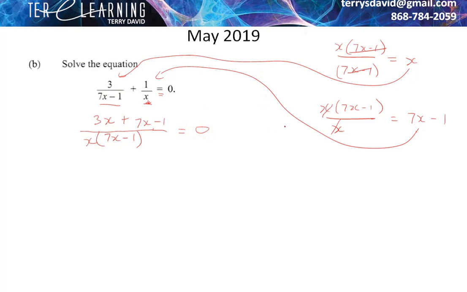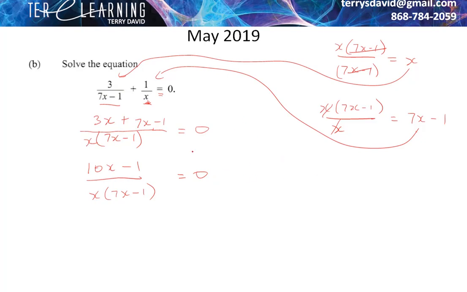So all you're doing here is you are adding two algebraic fractions, right? I have a video on this that you can check out if you're not sure what I'm doing. So on the numerator now we're going to have 3x plus 7x, which would give me 10x, and we have minus 1. And at the bottom we have x into 7x minus 1. And all of that is equal to 0. So basically you have an algebraic fraction that is equal to 0, and we need to solve for x.